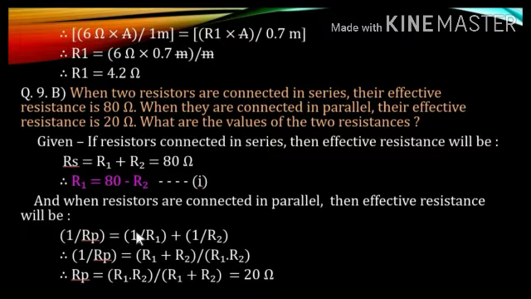Also the first numerator is multiplied by R2 and the second numerator is multiplied by R1, and their summation is there. Therefore R1 plus R2 divided by R1 into R2. Now taking the reciprocal on both the sides, we will get Rp is equal to R1 into R2 in the numerator, and this R1 plus R2 in the denominator, is equal to 20 ohm. That means because Rp is 20 ohm.